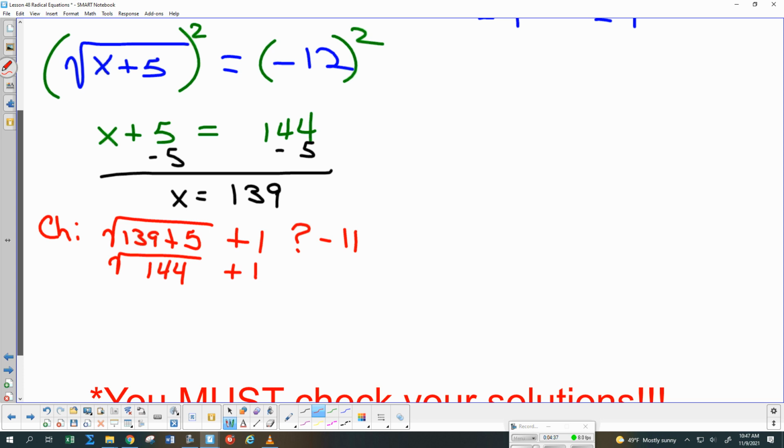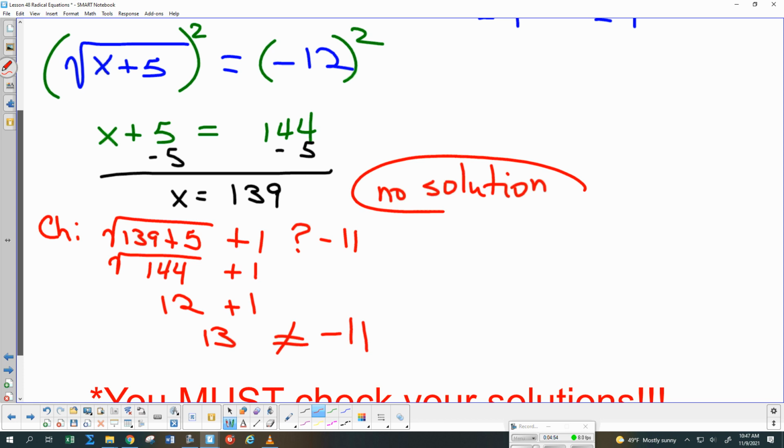What's root 144, everybody? What's 12 plus 1? 13, is that equal to negative 11? So that means no solution. We didn't get anything that worked.